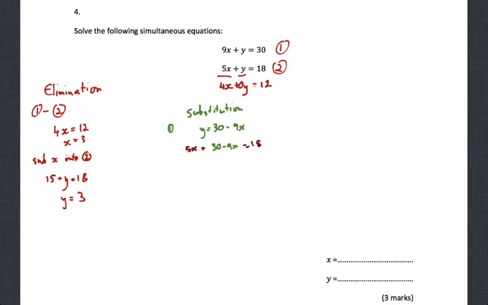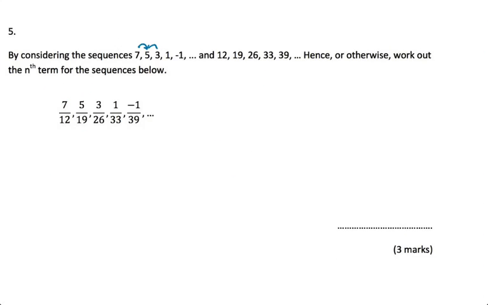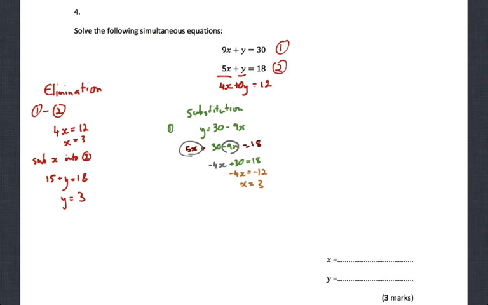So I've substituted y is equal to 30 minus 9x into equation 2. Now I only have x's. I combine like terms to give me negative 4x, and then I'll take away 30 from both sides, and this leaves me with x is 3, as one would expect. And then you use x is 3 and find out what y is, as we did in the elimination method.